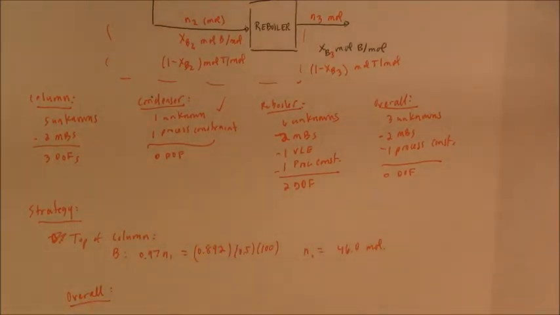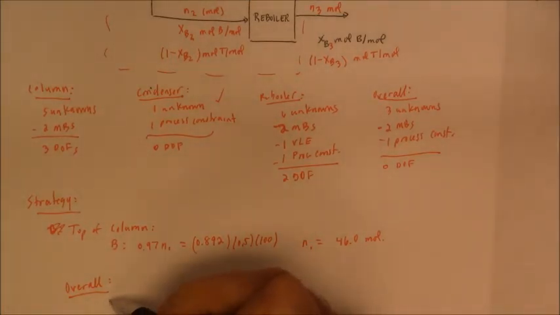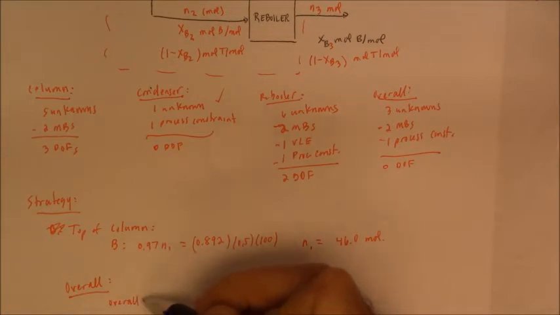Okay, so the overall process, what may be easiest, again, I'm going to think about it before I start solving, is I can do an overall balance, a balance on species B, or a balance on species T. Because I know that N1 is 46 moles and I know how many moles are coming in, I can determine how many moles are coming out. So on the overall process, I'm going to do an overall balance, and so I know that I have 100 moles entering.